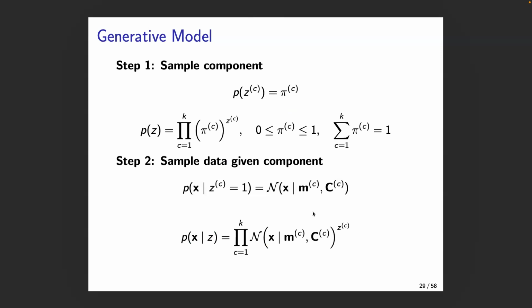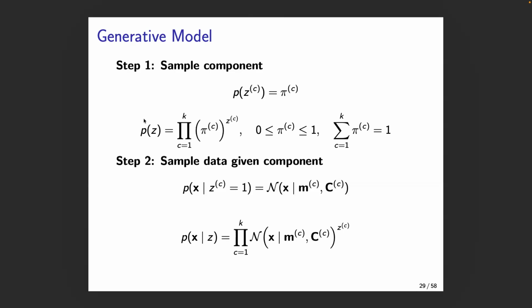So here we have a few more components to build our GMM model, or probabilistic or generative model. We are going to introduce mixture weights and denote them pi c. So this is the probability of sampling the data point from cluster 1, 2, or 3. So for each cluster, there is a certain probability associated with it.